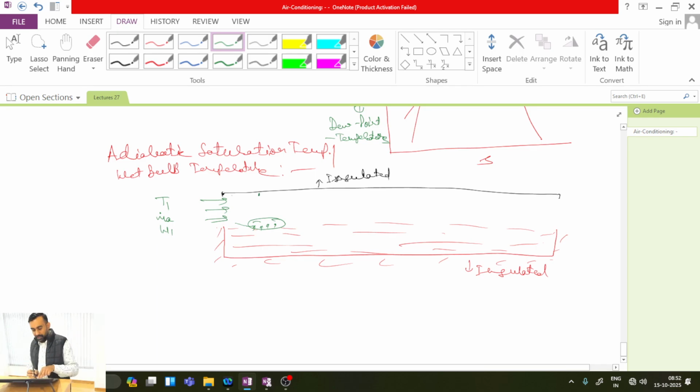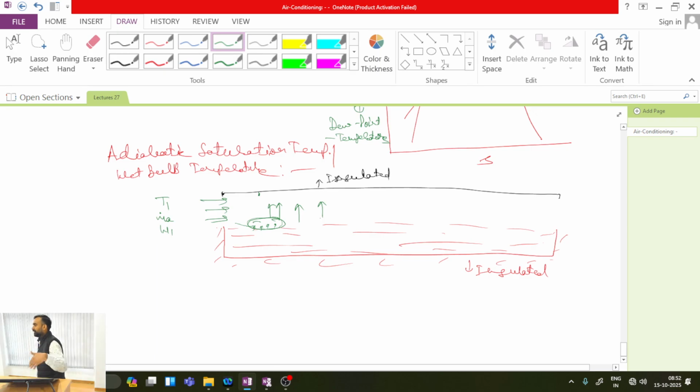Because the air coming at the top portion is not interacting with the pool, whatever vapor is coming from the pool will have more concentration here, and here the concentration will be less. Because of this concentration difference, diffusion of vapor molecules will take place from this part to the top part. Is this one clear?